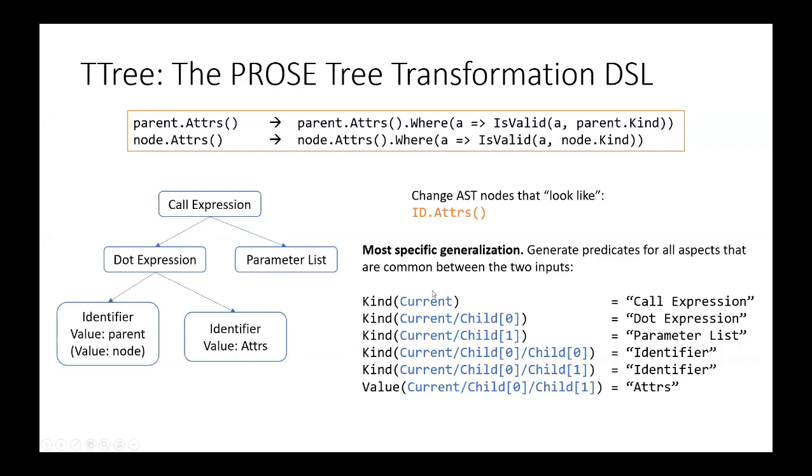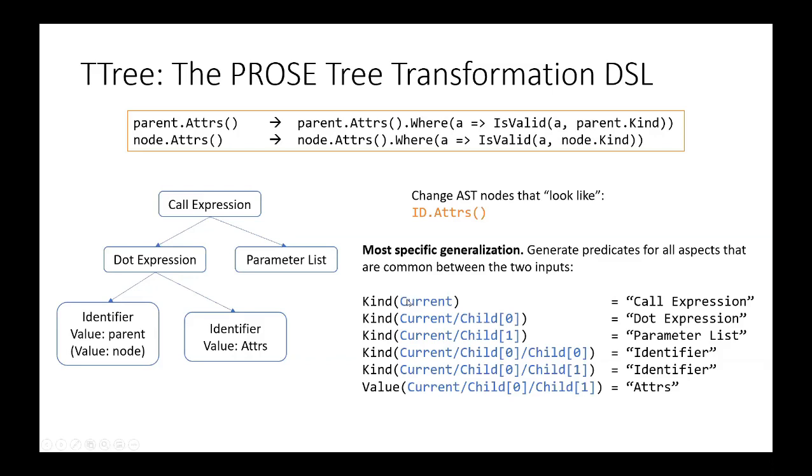And what we do is we generate lots of XPaths. For example, you generate XPaths that represent this node and this node and this node, like current slash child of 0, current slash child of 1, and so on. And we generate a bunch of predicates that hold for those nodes.